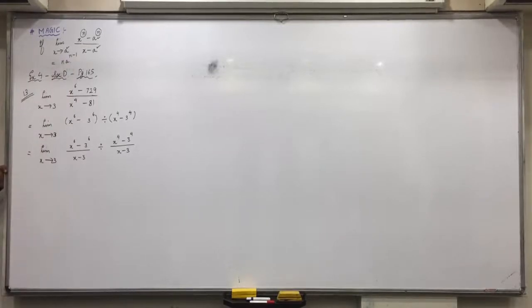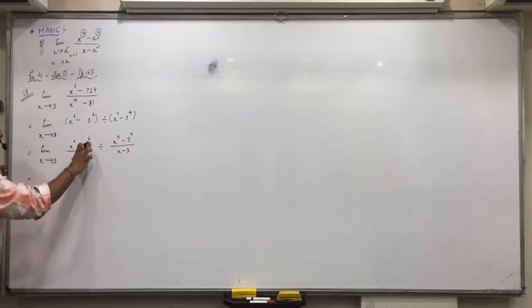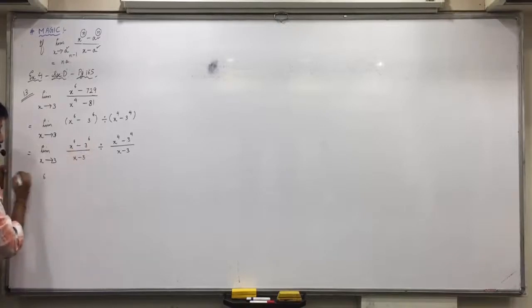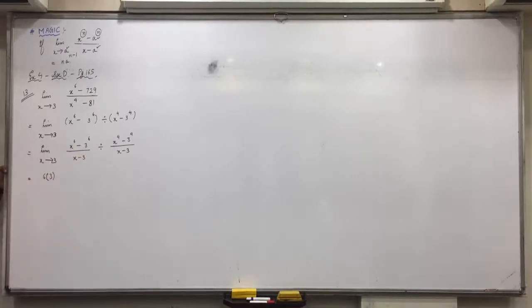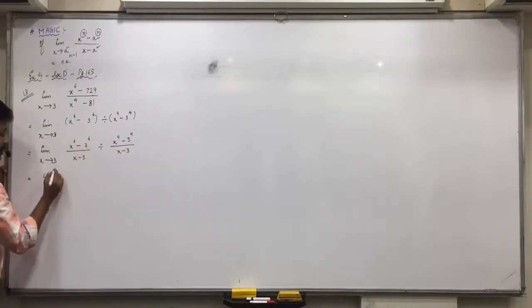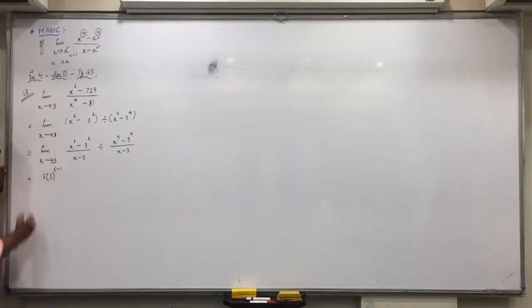Did you understand the stepwise procedure of converting it? Okay. Now here, what is n? 6. Write down 6. What is a? 3. Write down 3. Raised to what is n? Write down 6 minus 1. Any confusions?